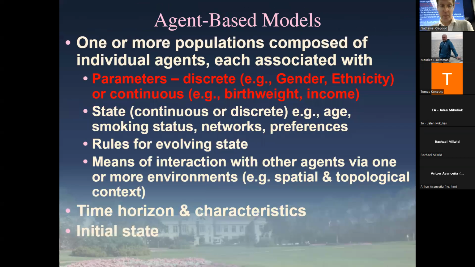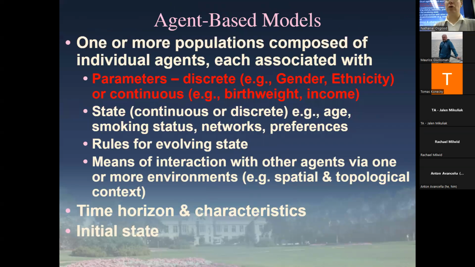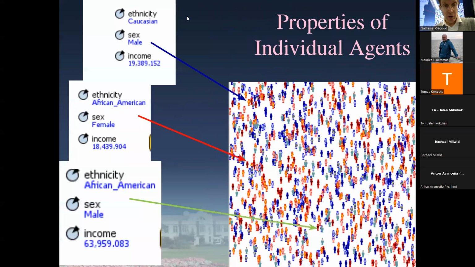Now, each of these people in the population will have these parameters, these attributes. So maybe, for example, this person will have a certain sex, a certain income, maybe a certain ethnicity. And notice some of those are continuous and some are categorical.